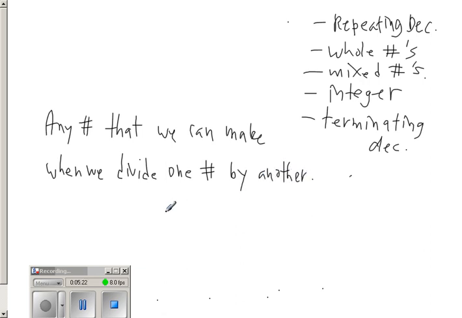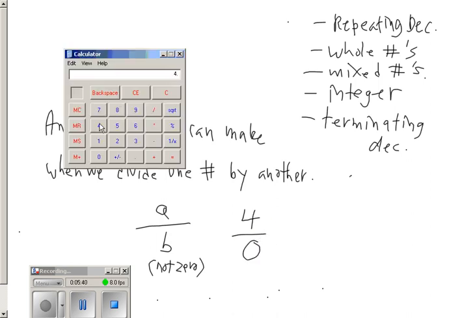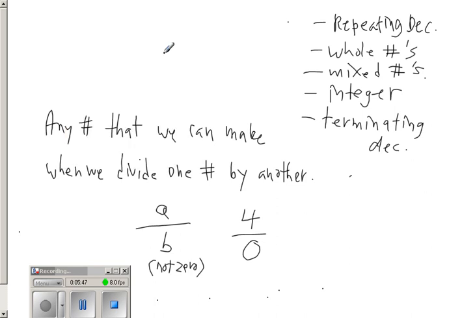And we look at it in this form as A divided by B. And remember, the only time it won't work is if B is 0. That's the only stipulation for this to work. Go ahead and try taking 4 and dividing it by 0 and see what happens in the calculator. If I pull the calculator up here and ask, what's 4 divided by 0? The calculator says you cannot divide by 0. And that's a whole other lesson in and of itself. But for right now, just believe me that rational numbers are made when you divide a number by another number, and you can't make the second number 0. So that's what it is.